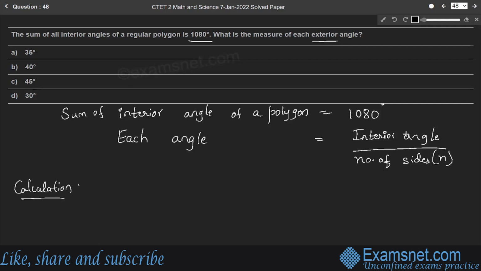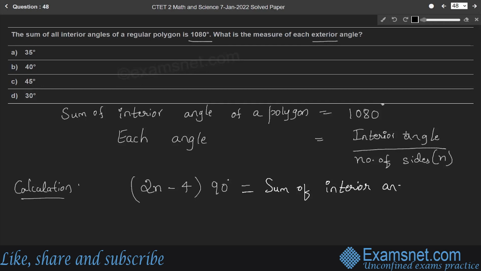So here for that, we have a formula: (2n minus 4) into 90 is equal to the sum of interior angles. Right?